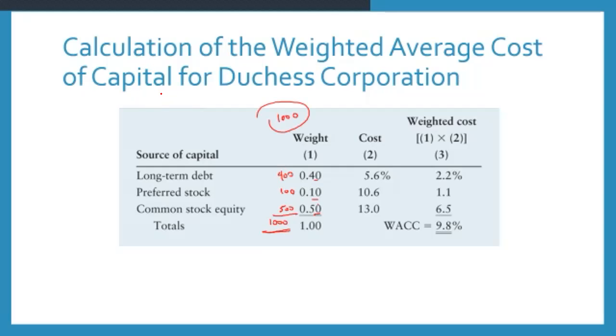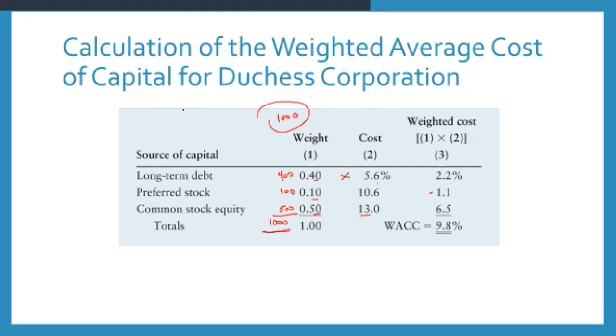Now, what's the cost to finance long-term debt? 5.6. So you multiply the weight by the cost, we get 2.2. Preferred stock, the weight is 10% of the project, and it's costing us 10%. So when you're taking 10%, it's costing us 10%. So the weighted cost is 1.1. Common equity, it's 13%.